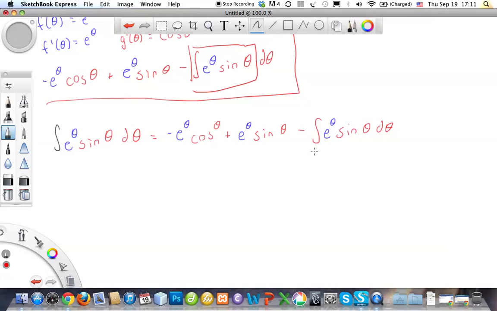Okay. So I'm going to add this whole piece to this side over here, and the integral of e theta sine theta d theta cancels out on the right, so I'm going to add it over here too.